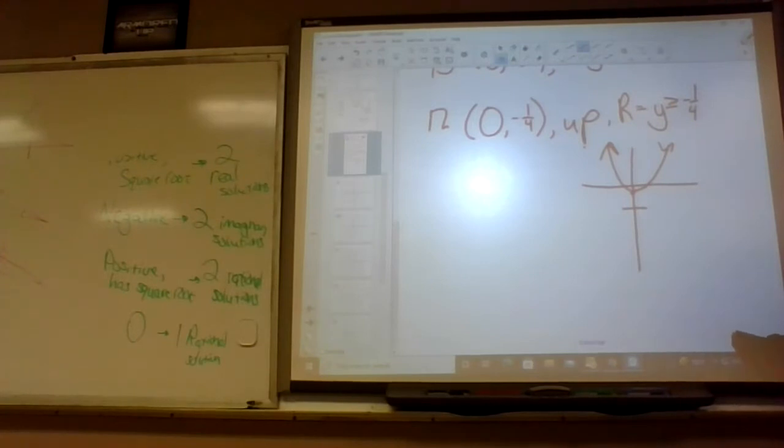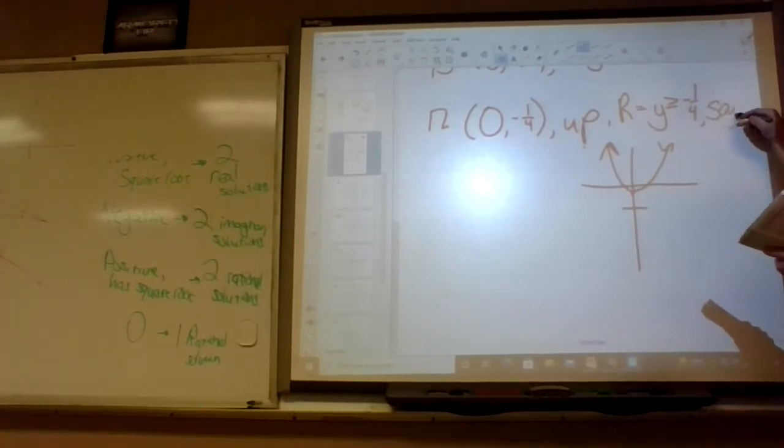Is it steeper or flatter than normal? It's the same as normal because the number in front of the x squared is nothing. It's a 1 basically, so it's not going to change from the normal y = x squared.